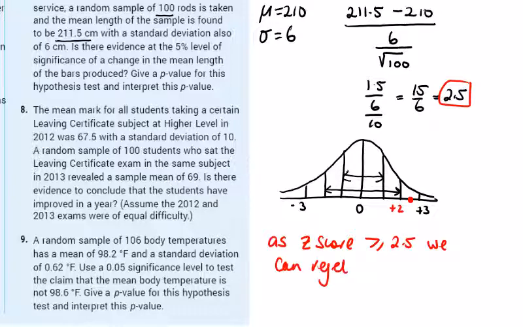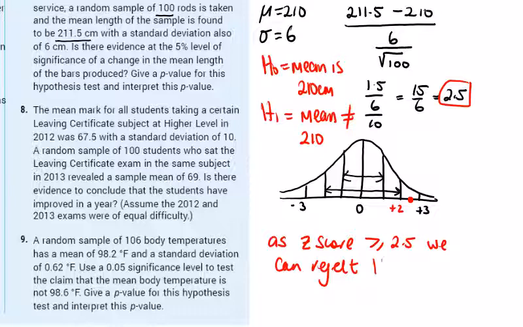And what are we going to reject? The H0 that we're now going to go and set up. H0: the mean is unchanged, or the mean is 210 centimeters. The alternate hypothesis is that the mean has changed, or the mean is not equal to 210. And we can say here that there has been a change.